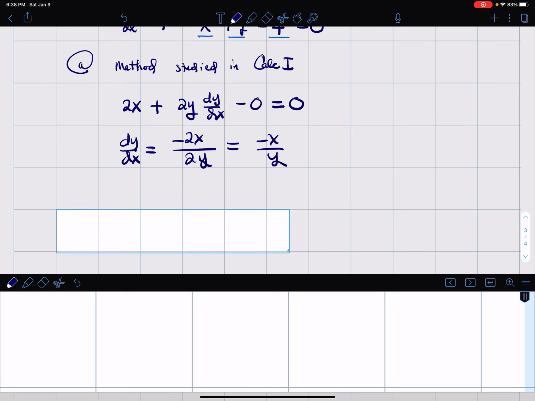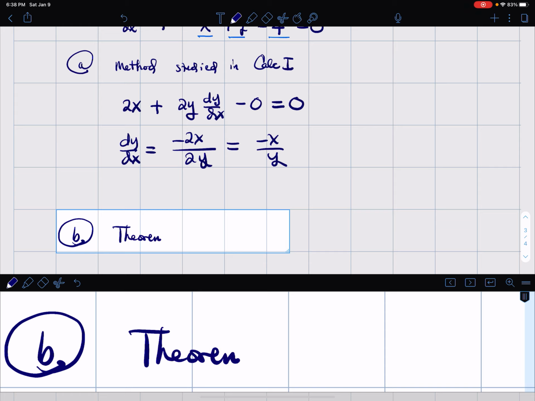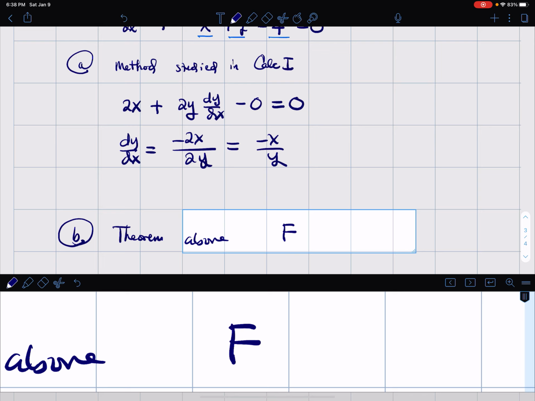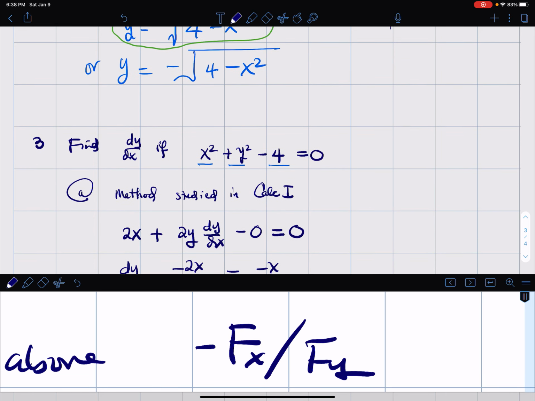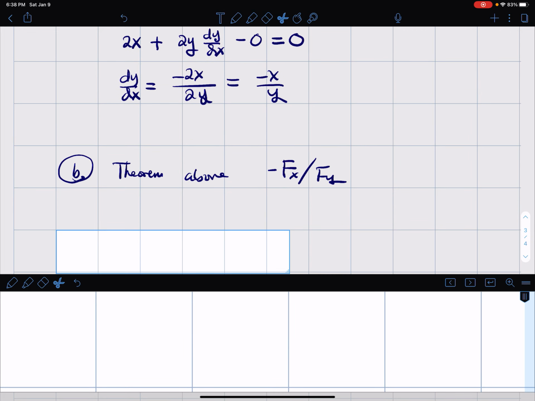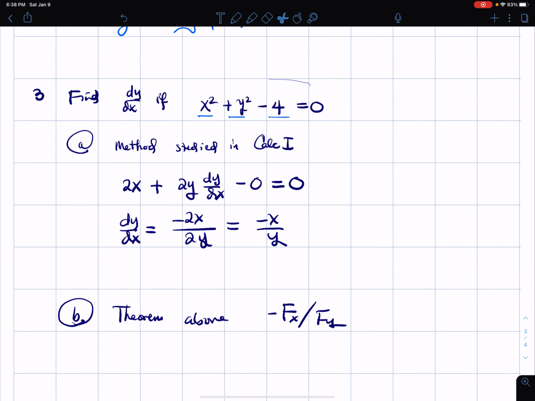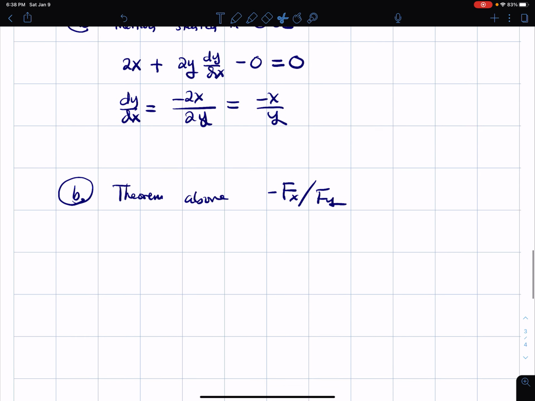All right. Now, I want you to try it using the theorem above. So you want to use negative fx over fy. What is your f? This is your f.